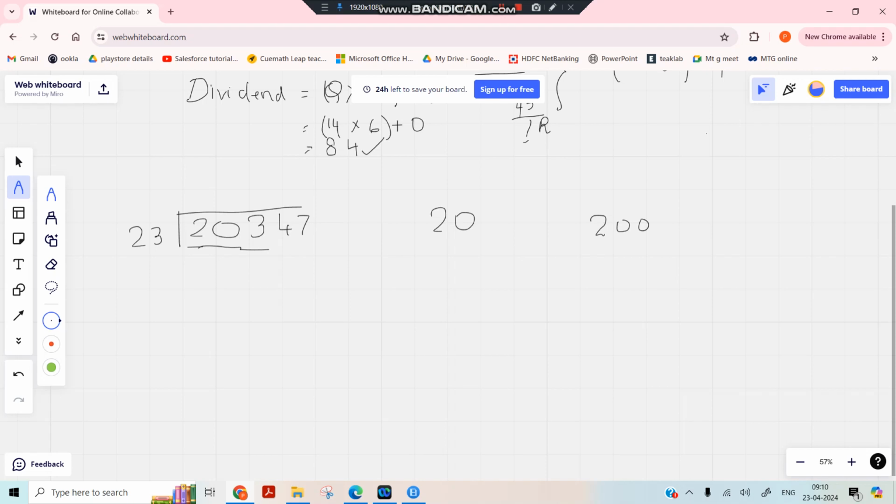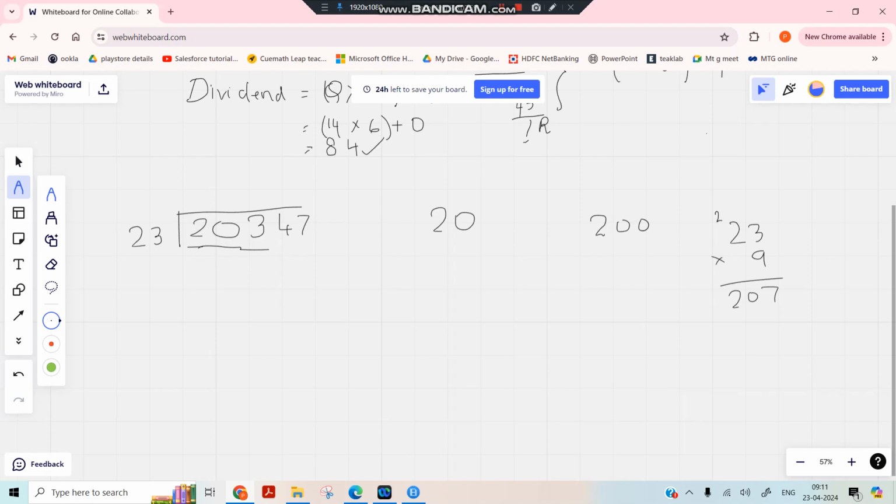So as a matter of trial and error, you can try with 23 times 9. This is where you are estimating. So 9 times 3 is 27. 9 times 2 is 18 plus 2 is 20. 207. But when you estimate with 207, you see you are going beyond this number.